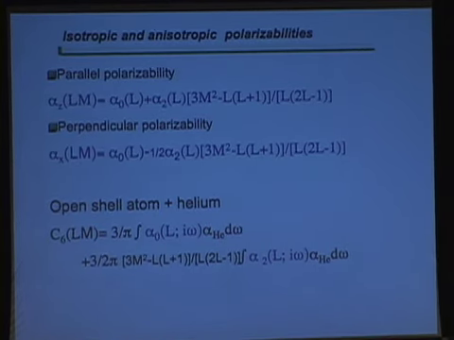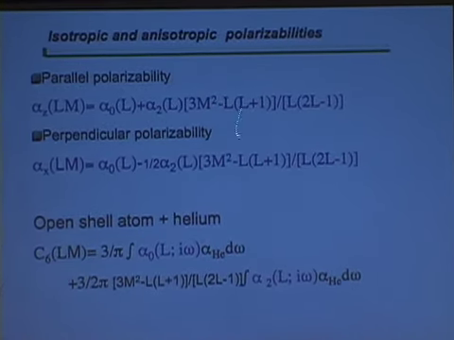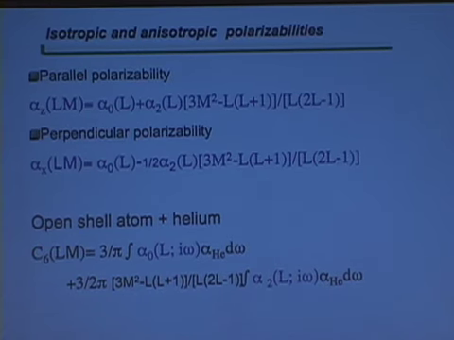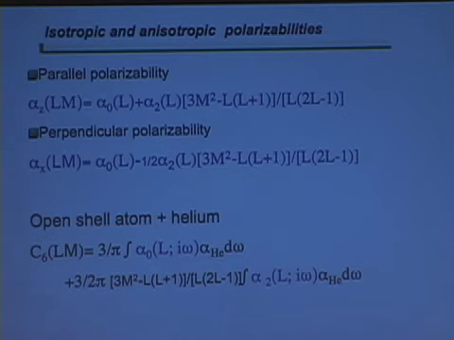The way we're doing it is that for each M state that can be represented by a single determinant, we calculate a couple polarizabilities, namely the parallel and perpendicular polarizabilities. This m quantum number is defined as the projection of angular momentum to the z-axis. And then the parallel and perpendicular polarizabilities are related to the alpha 0 and alpha 2s by these two equations. So this way we can calculate alpha 0 and alpha 2s for many open shell atoms.